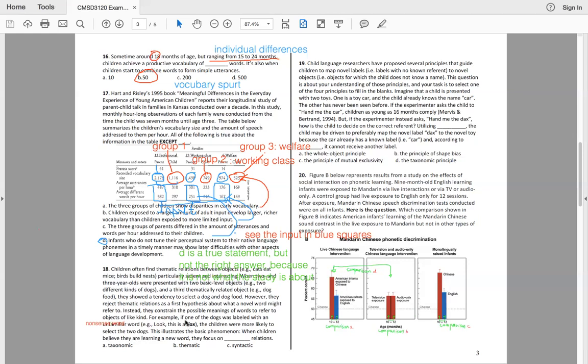Essentially, this is a word learning situation because now the child needs to learn this unfamiliar word. The children were more likely to select the two dogs. This illustrates the basic phenomenon. When children believe they are learning a new word, they focus on taxonomic relations.